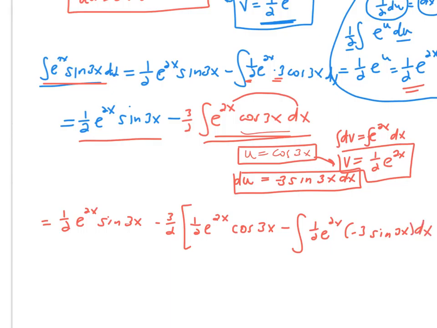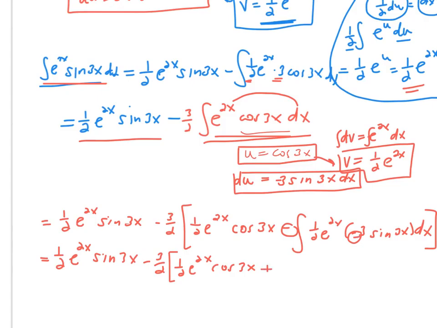Okay, like always, we are going to try to clean this up a little bit, make it a little bit smaller. So bring down that first part, 1/2 e to the 2x sine of 3x minus 3/2. I'm going to hold off on distributing that just yet. 1/2 e to the 2x cosine 3x. We're subtracting the integral, but we have a negative in here that we could bring out, so it's going to turn into a positive.